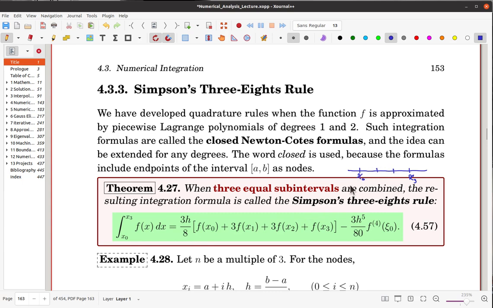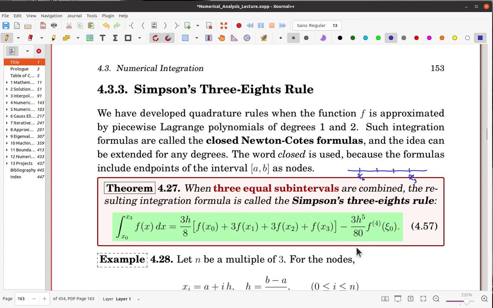If you do the computation, we reach these terms, and then the error term from the interpolation error theorem can be integrated to get this value. So that is the elementary Simpson's 3/8 rule.